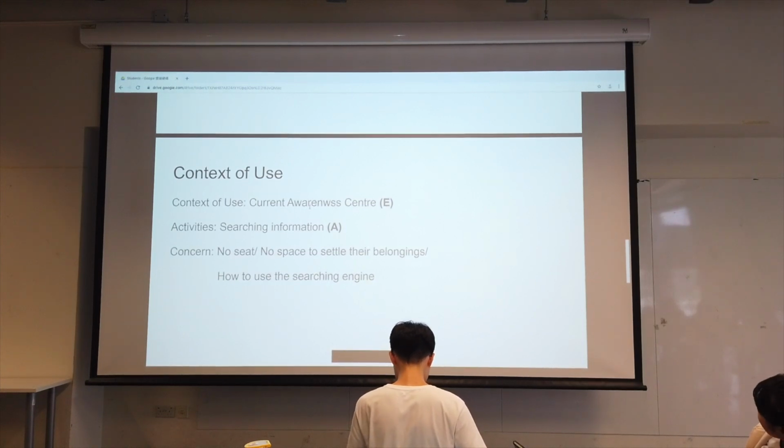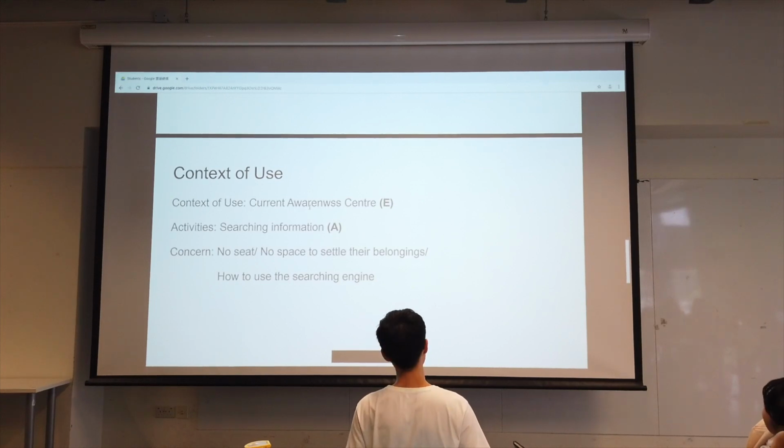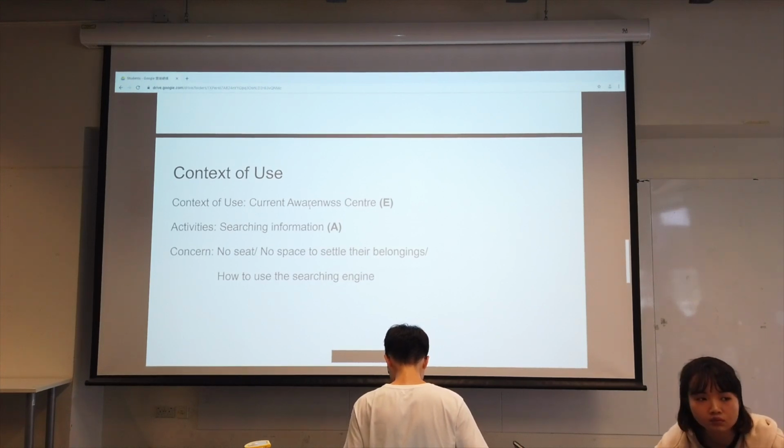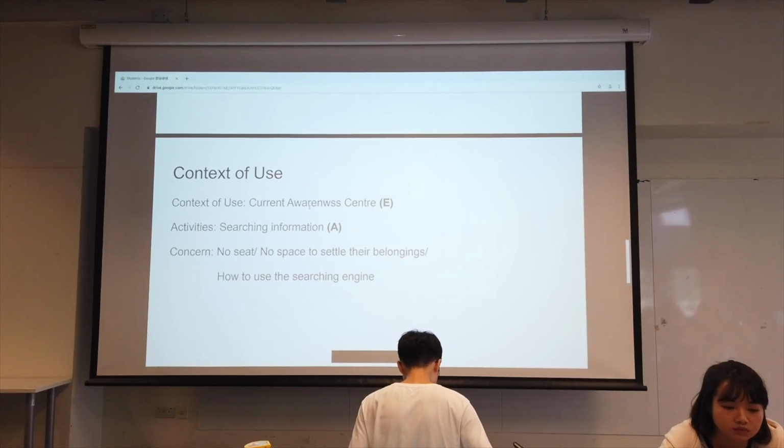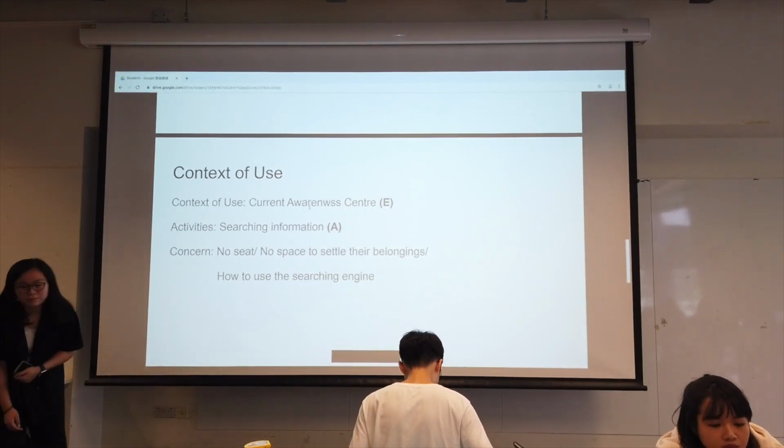This corner, you can see, is when you enter the library, on the podium floor, in a semicircle area. The activity is searching for information. We observed that they mainly search for books and also information about books.